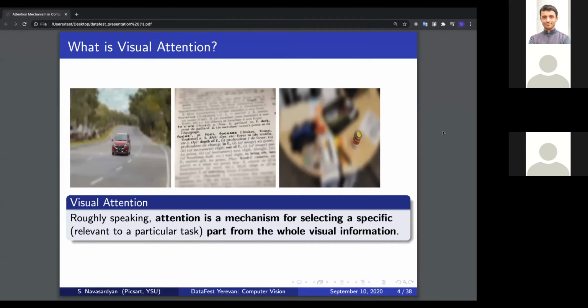So, what is visual attention? In daily life we use our visual attention often. For example, when we want to cross the street, read something, or find an item in our environment, we need to focus our attention on some parts of the visual information we get.